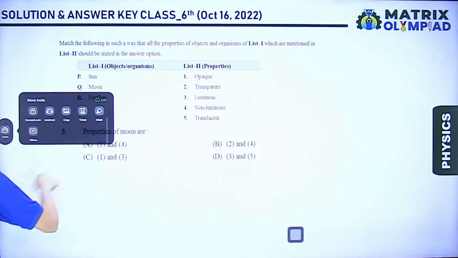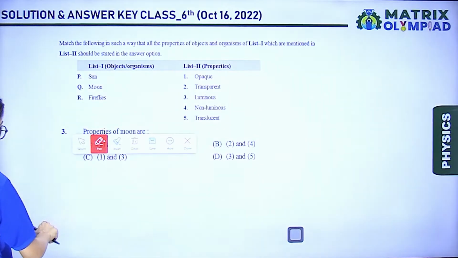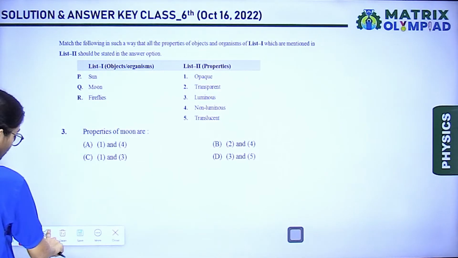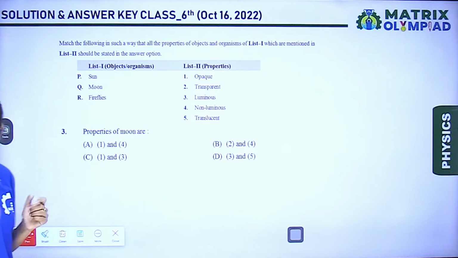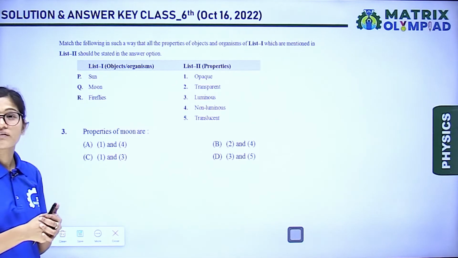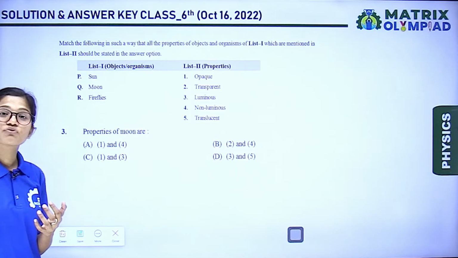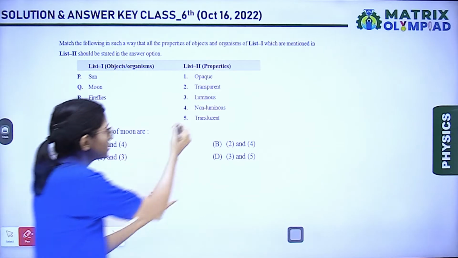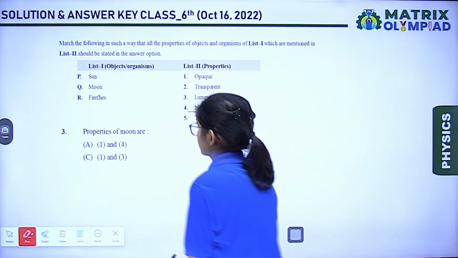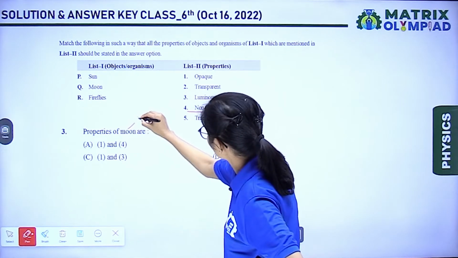Now go through question number 3. We have to tell the properties of the moon. The moon doesn't have its own light. It just reflects the light that comes from the sun. So it is a non-luminous source of light.